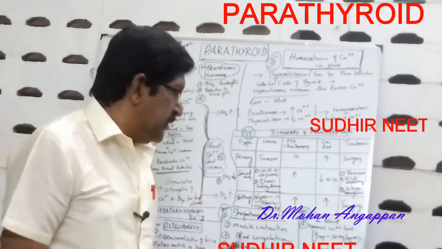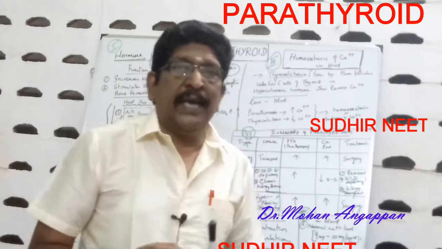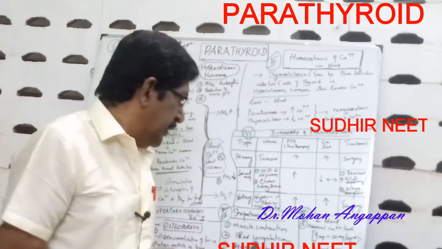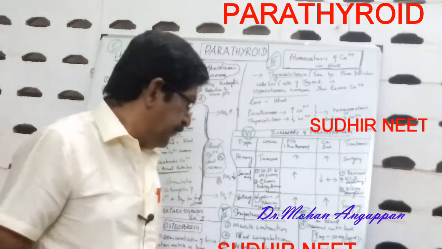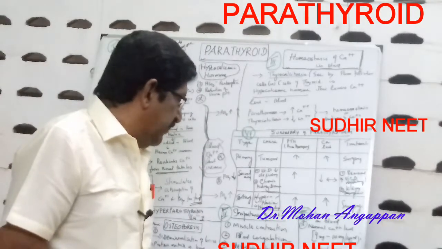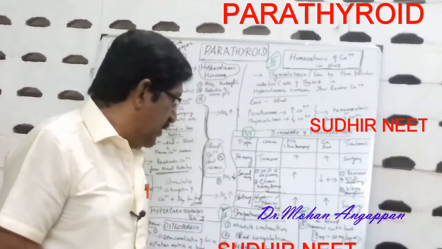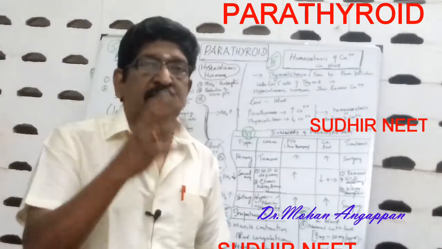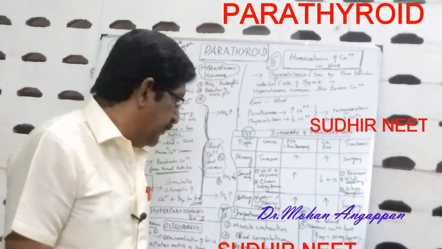Number three, nerve impulse. In synaptic transmission between two axon terminals, calcium ions are needed. To activate the oocytes, calcium ion is needed. And then for the formation of strong bones and teeth, calcium is needed.